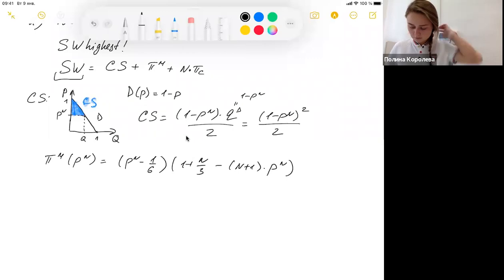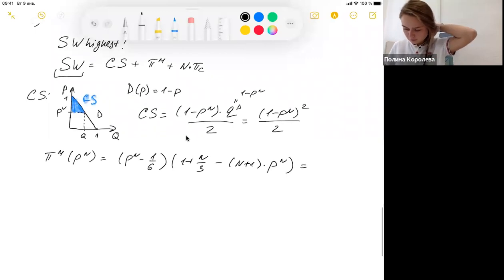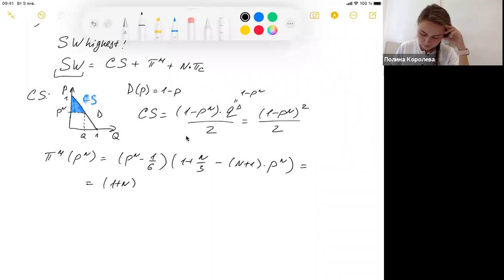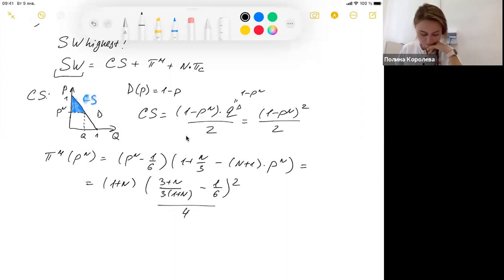And if we put this price for n firms and all these on the right, we will find that this is (1 plus n) multiplied by (3 plus n) over 3, and (1 plus n minus 1/6) squared over 4. So this will be the profit of monopolist as a function of this price.